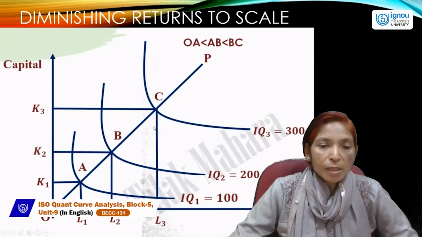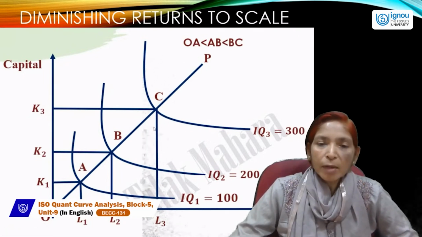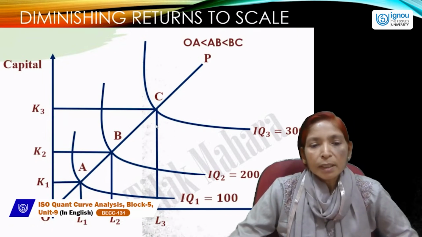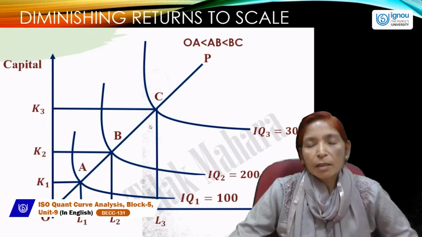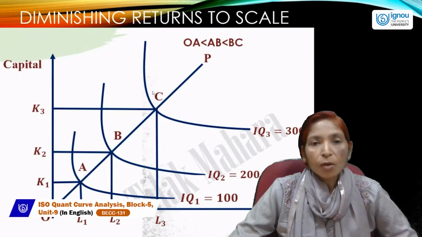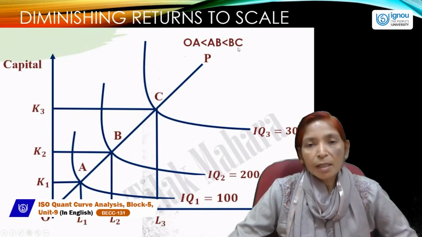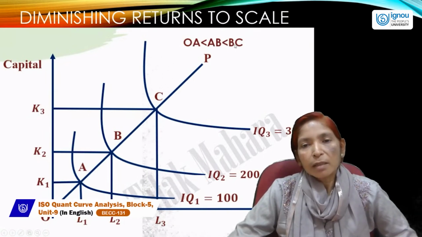It means we are using more amount of input but getting the same level of output, so it will show a diminishing returns to scale situation. So in diminishing returns, OA will be less than AB and AB will be less than BC. But in case of increasing returns, OA will be greater than AB and AB will be greater than BC.